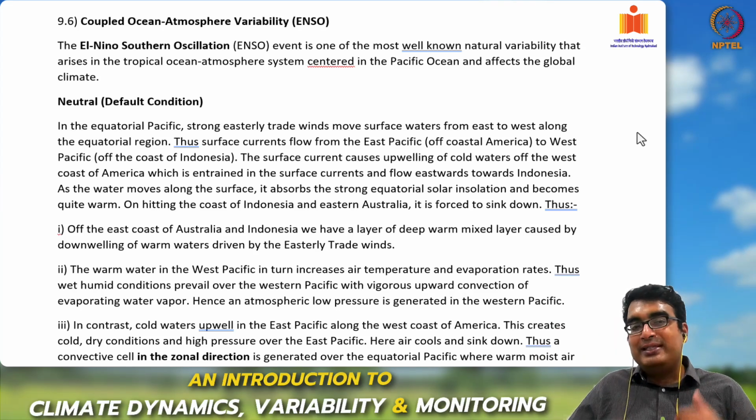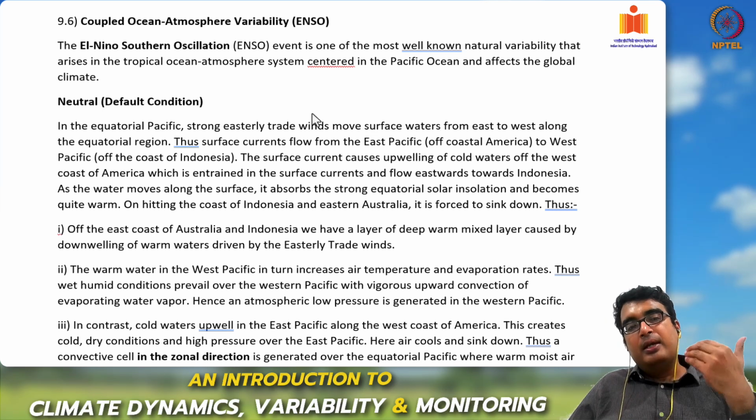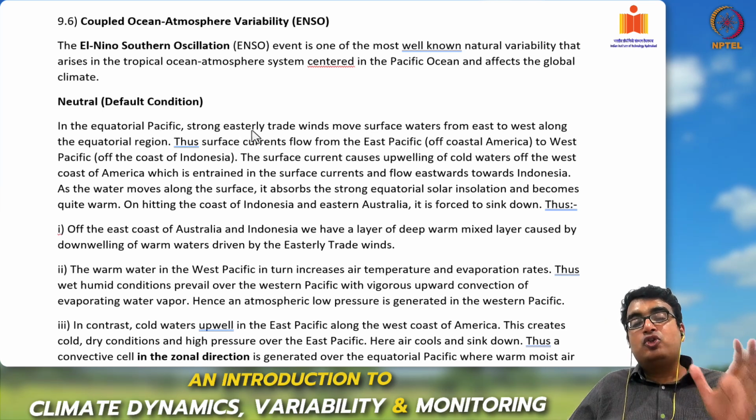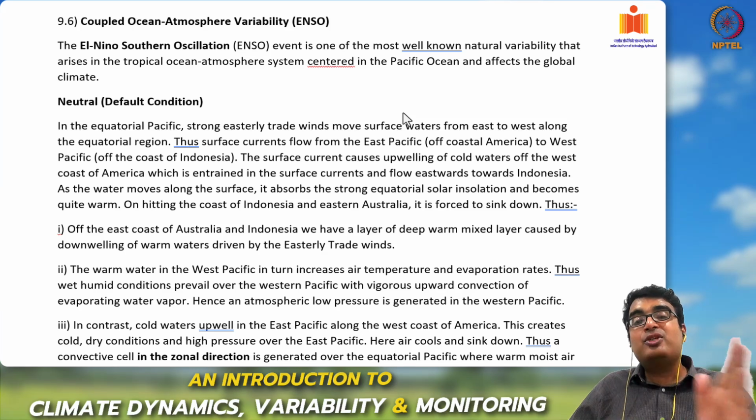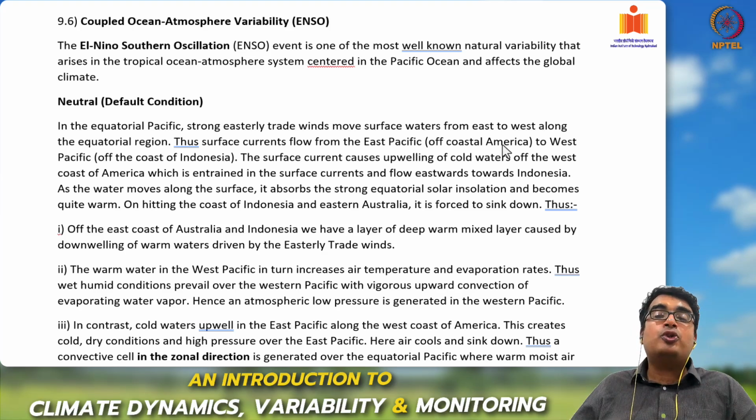So let's go over this idea again. Equatorial Pacific, strong easterly trade winds move surface waters from east to west along the equatorial region from East Pacific off the west coast of America to West Pacific off the east coast of Indonesia and Australia.